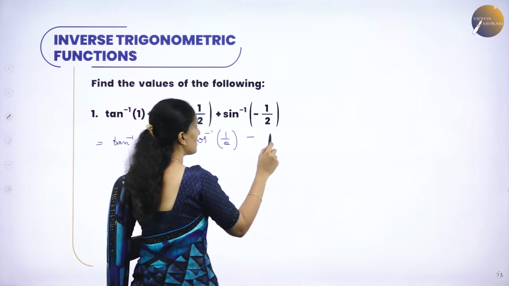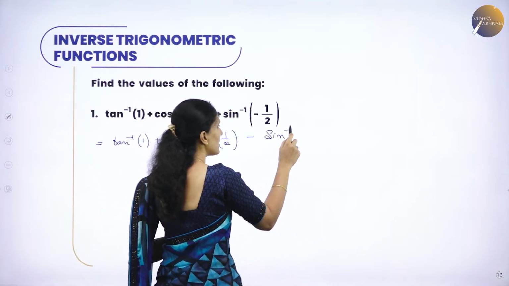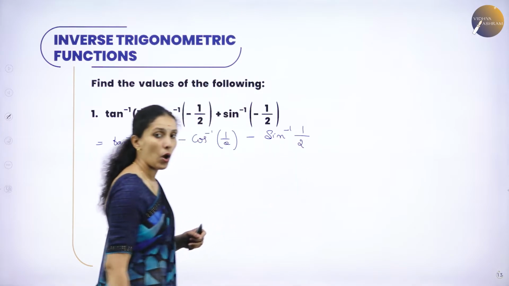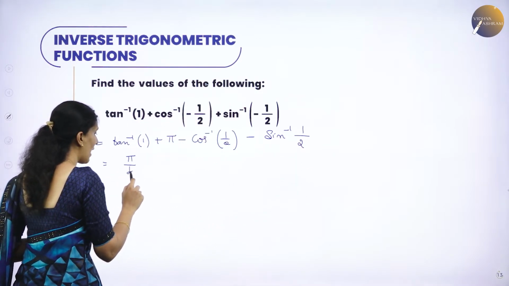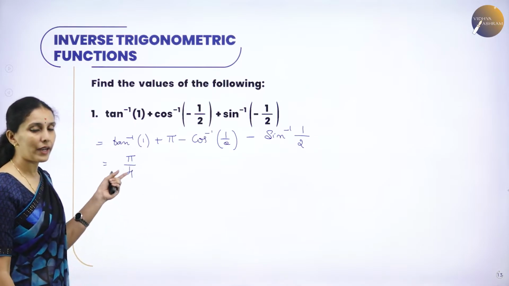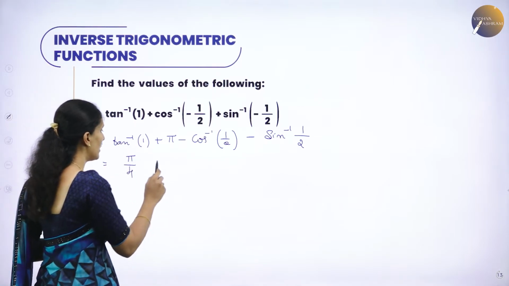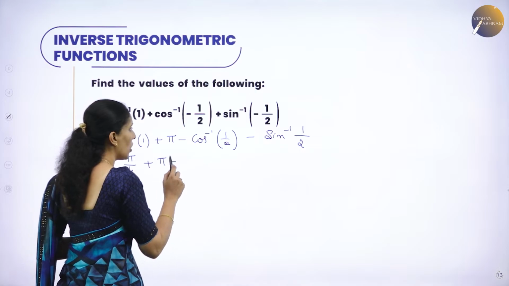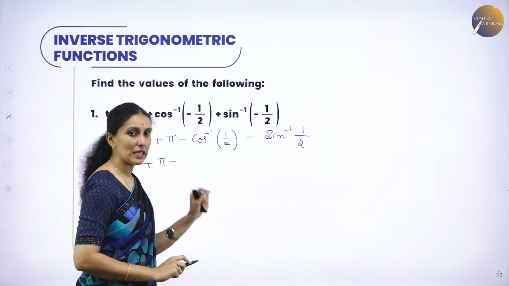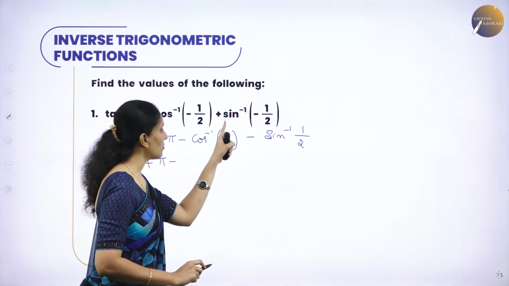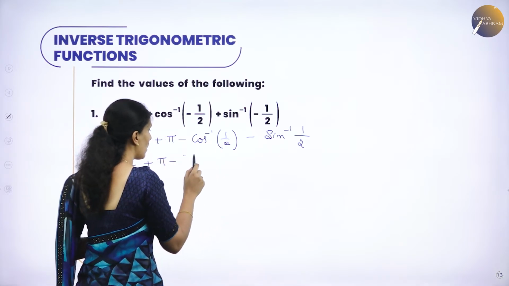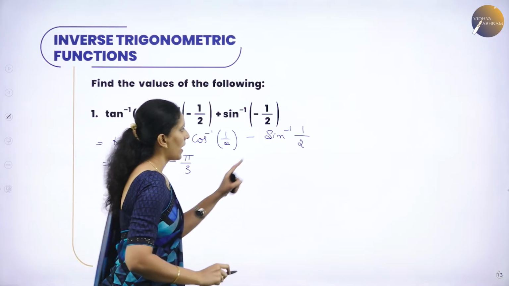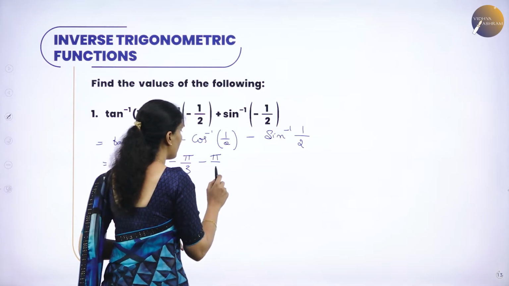And here sine inverse of minus half becomes minus sine inverse half using property 1. Now tan inverse of 1 is pi by 4 because tan 45 is 1. Similarly, we have pi here. Cos inverse half is for what value of cos function it is half? For pi by 3. So cos inverse half is pi by 3 and it is minus pi by 6.